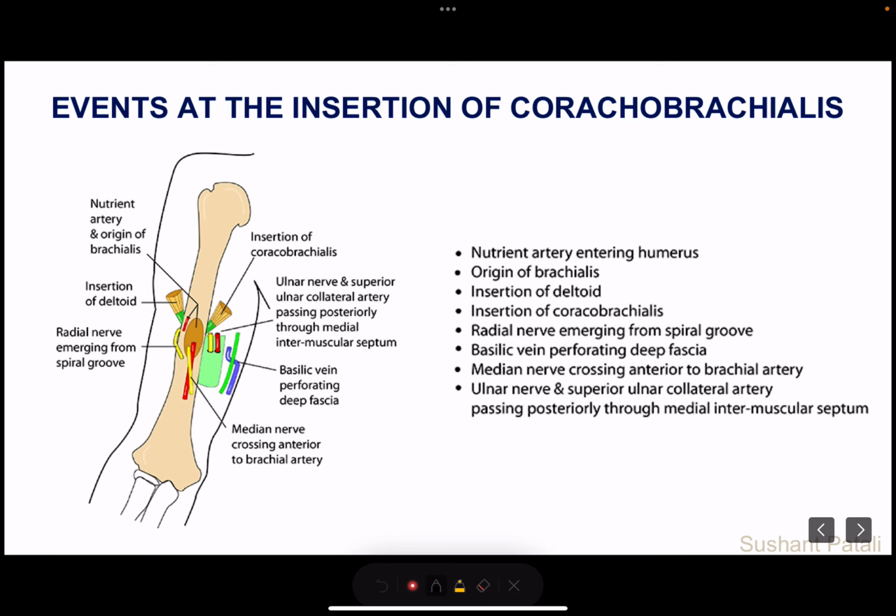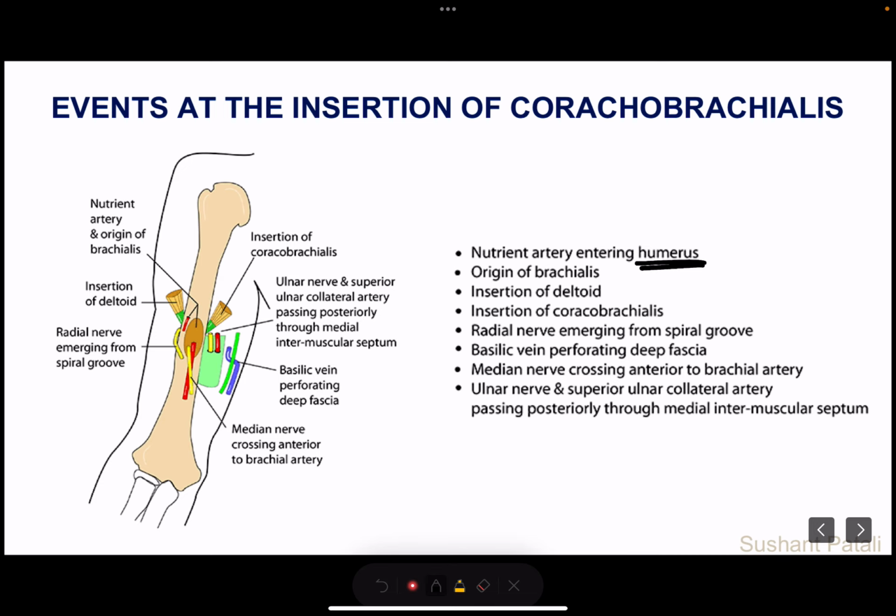Now, at the insertion of the coracobrachialis muscle, there are a lot of changes taking place in the arm. So what are these changes taking place at the insertion of the coracobrachialis? The insertion of the coracobrachialis actually takes place in the middle of the arm, and there we find the nutrient artery entering the humerus. So at the insertion of the coracobrachialis, there is going to be the nutrient foramen.